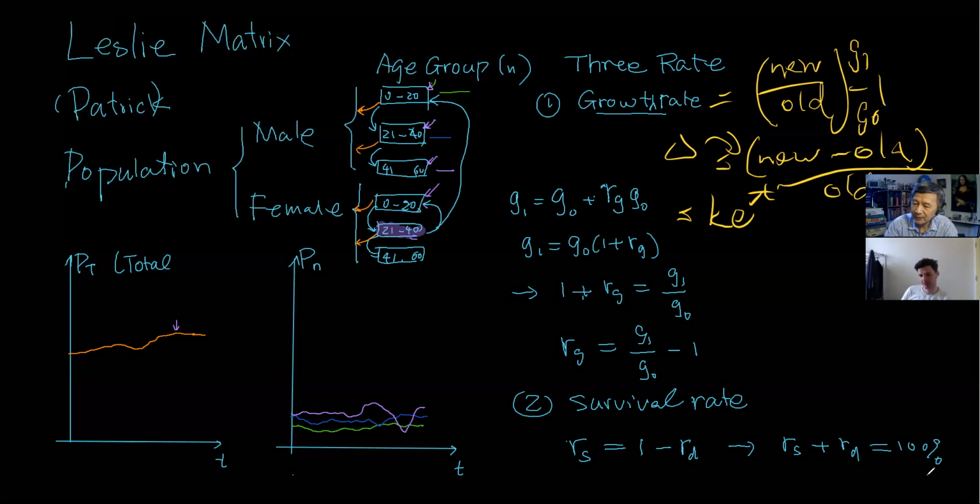Let's go to the next page. How to find the survival rate? We got the growth rate equal to new over old minus 1. How about the survival rate? Will it be the same?